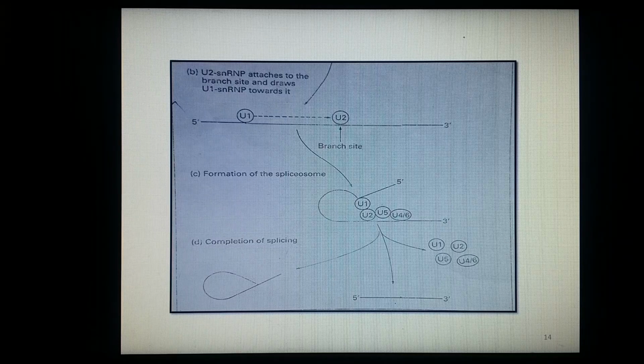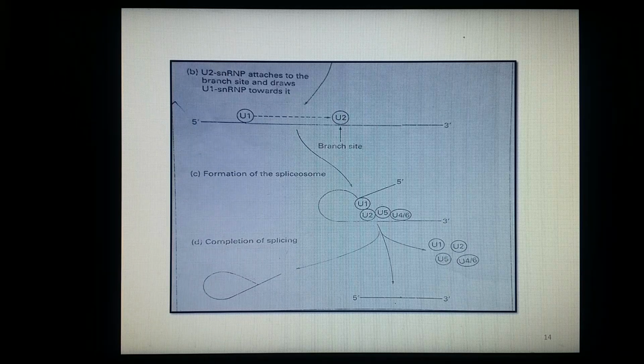It has also been suggested that the U1 and U2 snRNPs have affinity for each other, and as a result of this affinity they draw the 5' splice site towards the branch point.